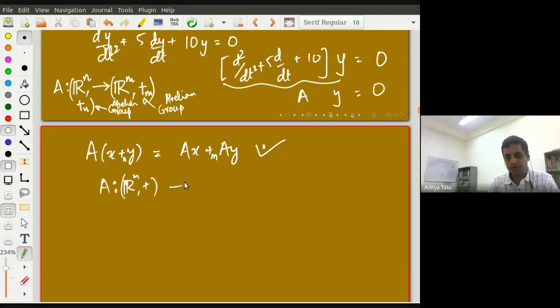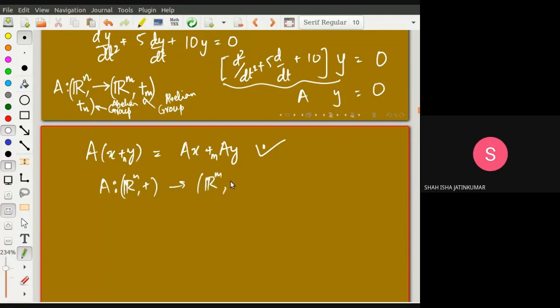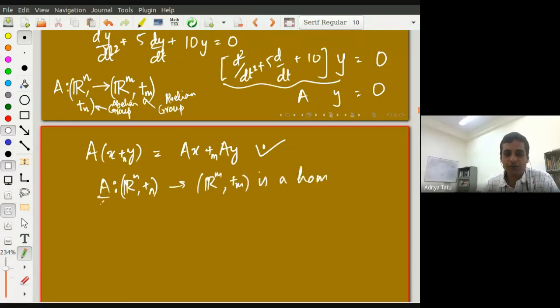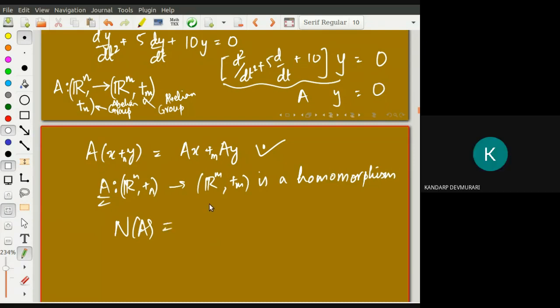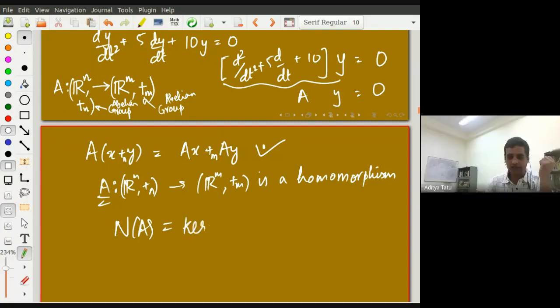Homomorphism. Good. And in fact, it does not matter what your matrix A is. For any matrix, this first equation is true. So therefore, A looked upon as a map between these two abelian groups is a homomorphism. So then what is null space of A? Kernel of A. Exactly.